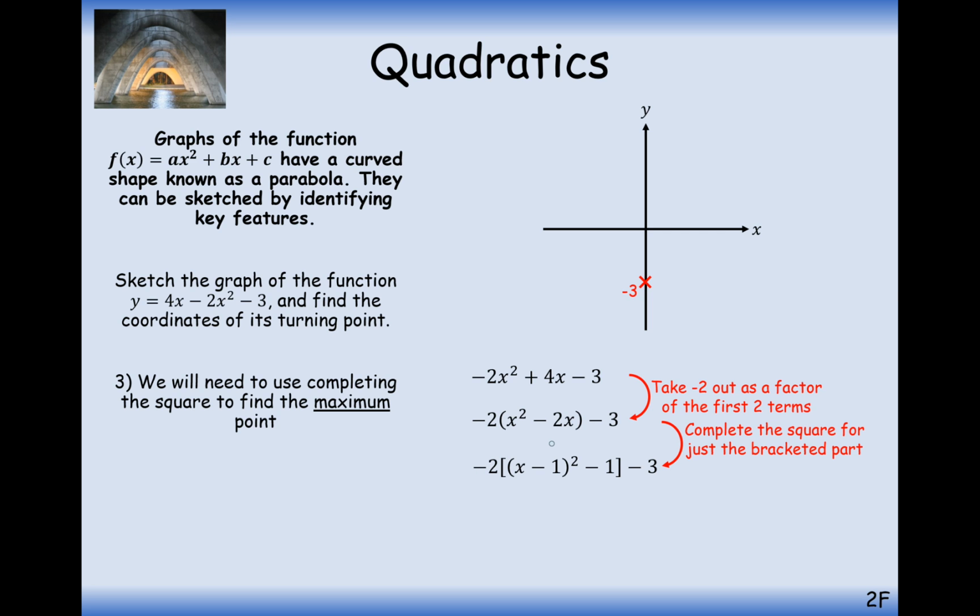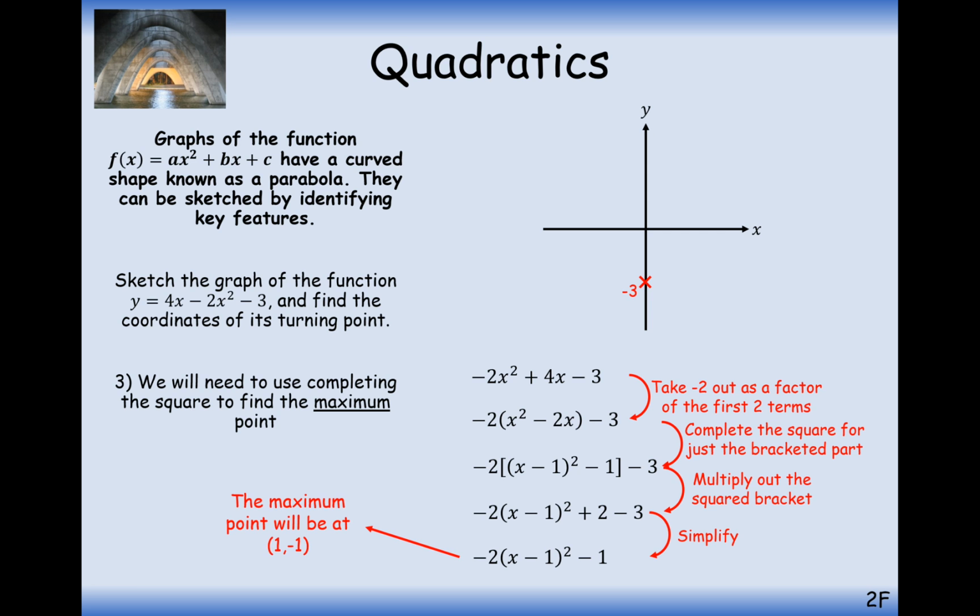Expand the brackets back with the -2, remembering just to leave the -3 at the end, and we're going to get -2(x minus 1) squared, double negative to make it +2, and take away the 3. So in this case we're going to get -2 bracket x minus 1 squared minus 1.